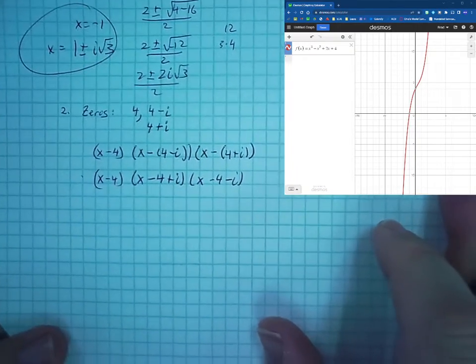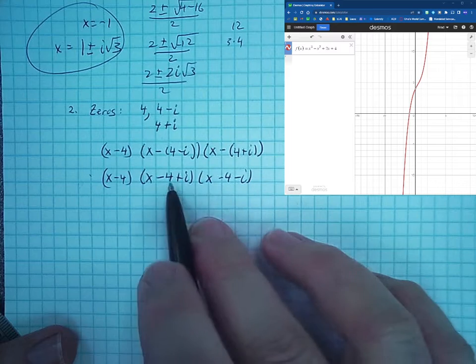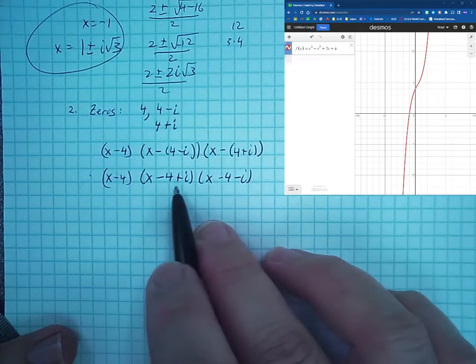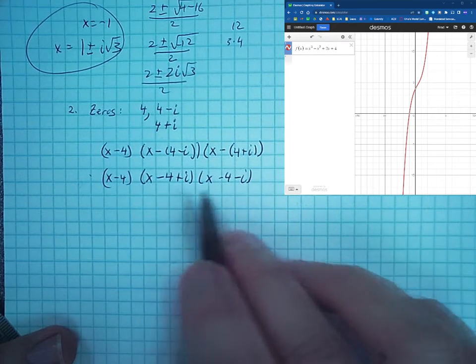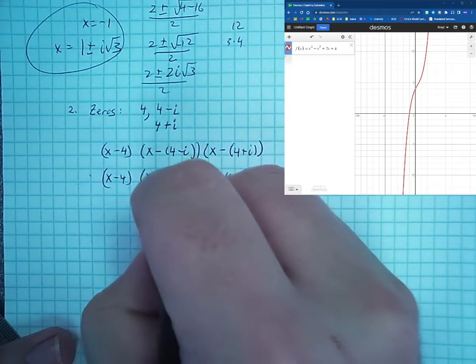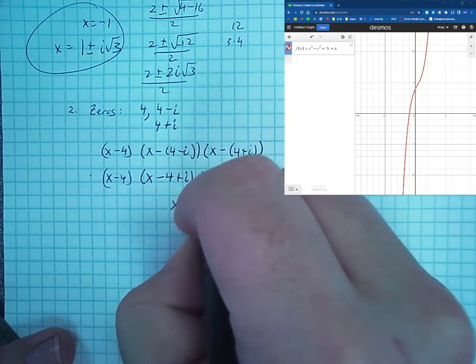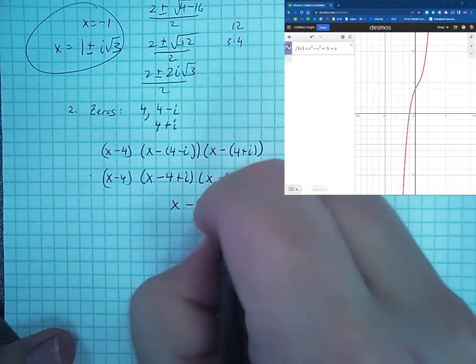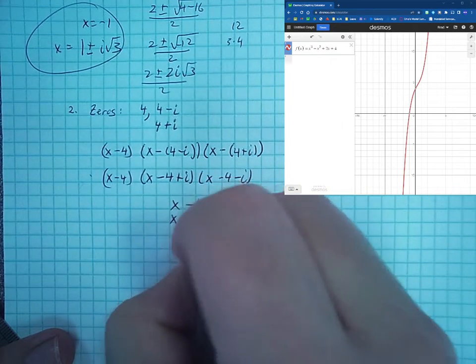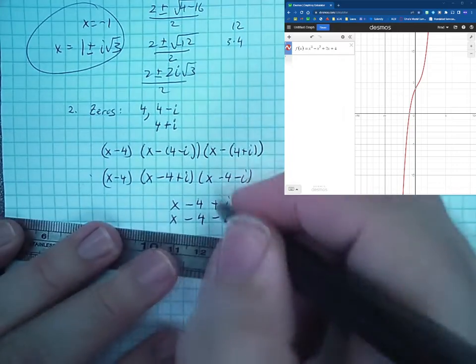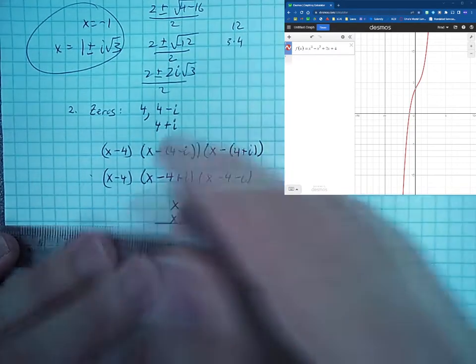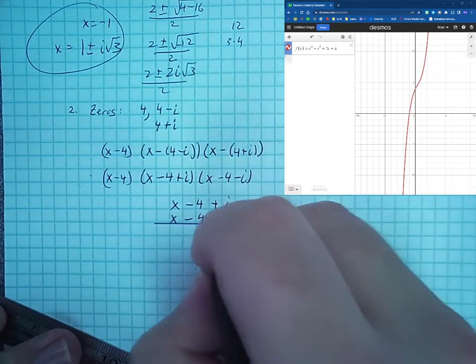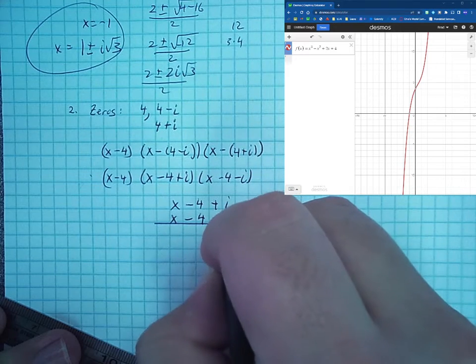I also recommend that the first thing you multiply is the imaginary parts, because if you multiply the number by its conjugate, the i's will cancel, and then you have just real numbers. x minus 4 plus i times x minus 4 minus i. So negative i times positive i is negative i squared.